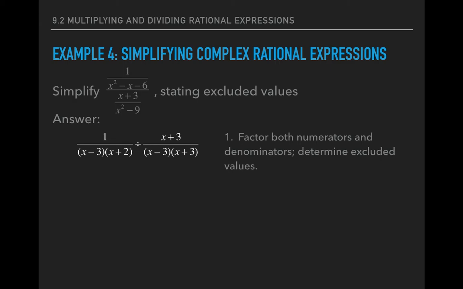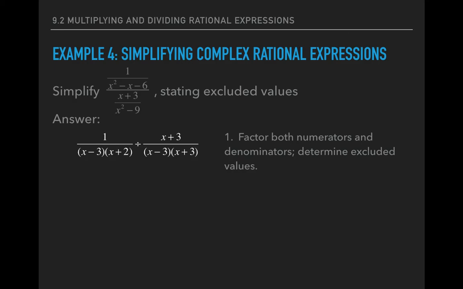When you do that, you can factor, so x squared minus x minus 6 is really x minus 3 and x plus 2. And the denominator of the denominator would be x minus 3 and x plus 3. That's a difference of squares. That's a special type of quadratic.